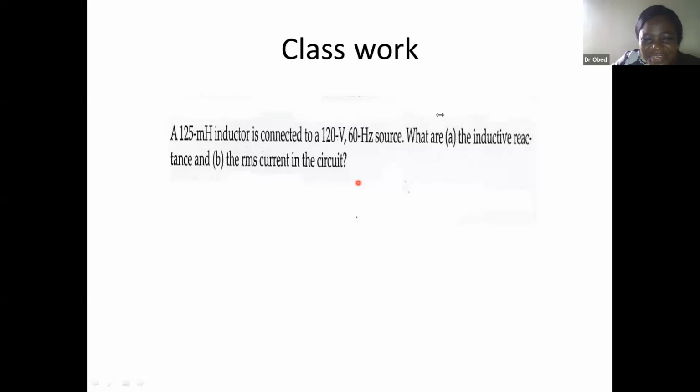Only Bankole and Toyin submitted the solution to this problem. The rest of you, what are you doing? We still have a few minutes to end the class. You can still do it and submit it before 8 o'clock. I want to see your response to this problem before 8 o'clock. Though I've told you the answers, I've read out some people's answers, so work towards the answers you have.